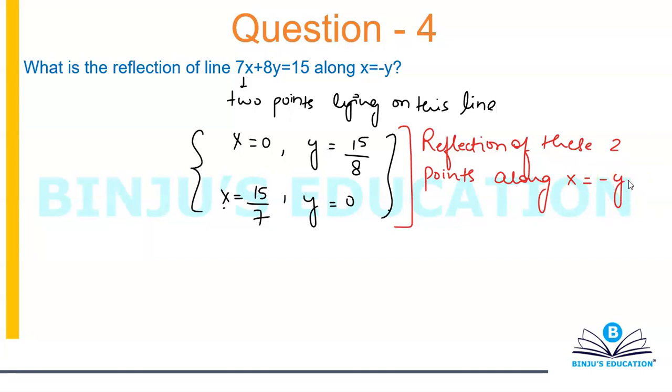So how would you do that? You interchange both the coordinates and multiply by a negative sign. The first one is 0 comma 15 by 8. Interchange this to 15 by 8 comma 0. Multiply both by a negative sign, so that's minus 15 by 8 comma still 0, because 0 multiplied by minus is again 0.